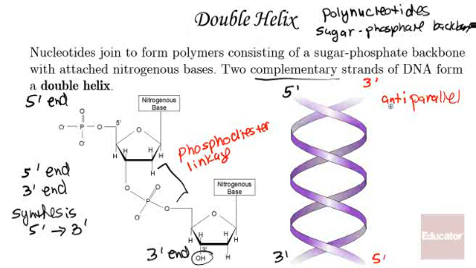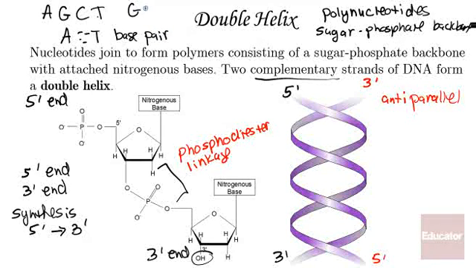What does complementary mean? Well, that has to do with what's called base pairing. Remember that in DNA, there's no uracil used. We have A, G, C, and T. Adenine pairs with thymine, and this would be called a base pair. And G, guanine, pairs with cytosine.